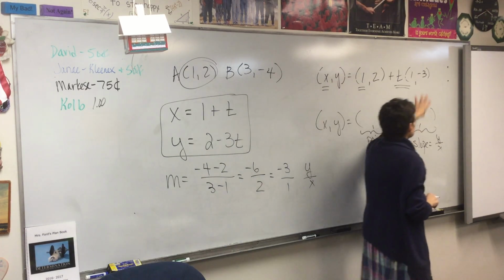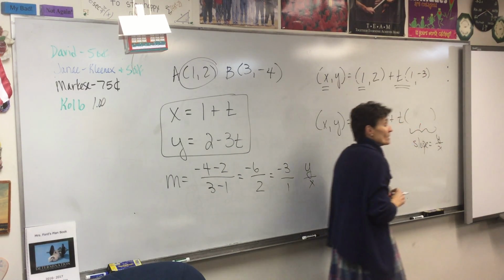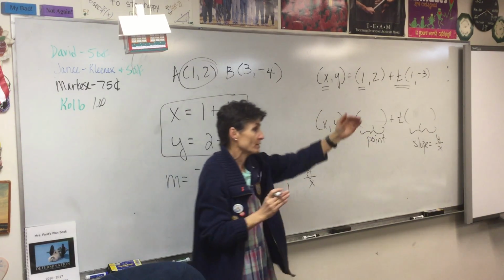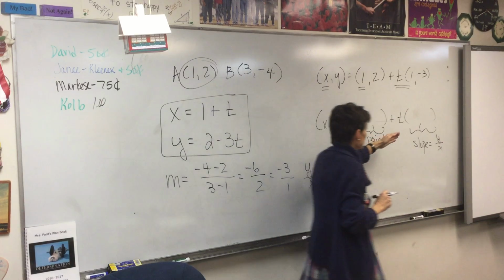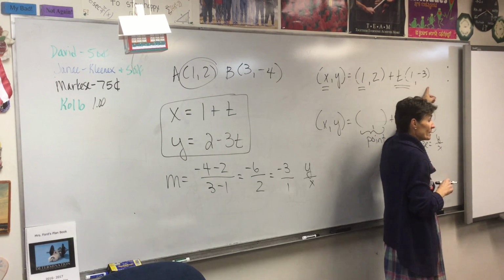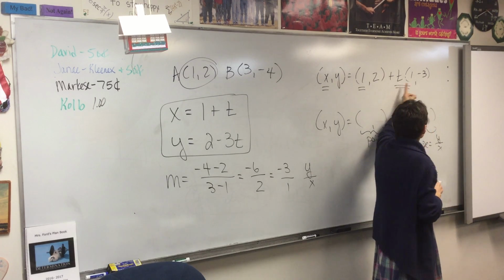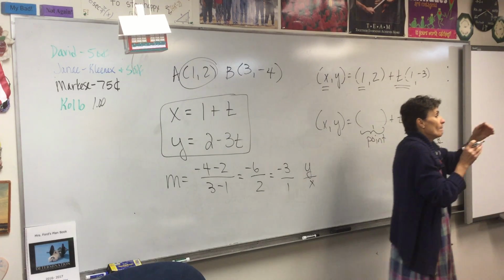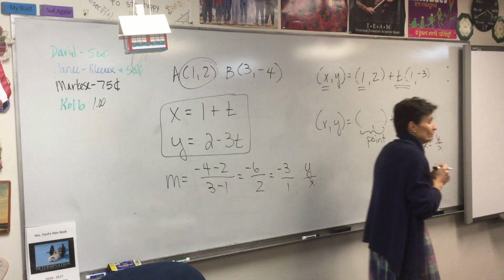This vector right here is the equivalent of the slope. So we take multiples of the slope, and that's what creates the line. If t is 1, then we're going over 1 down 3. If t is 2, we're going to go over 2 down 6, and so on. So t is like the multiplier on the slope.